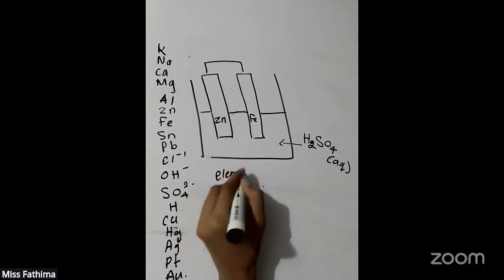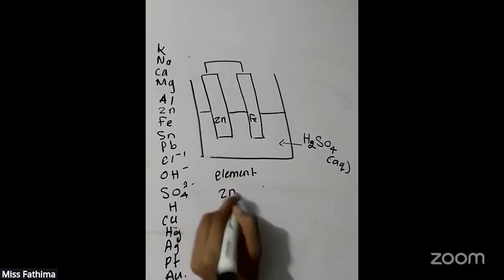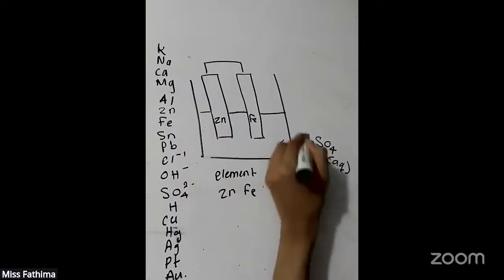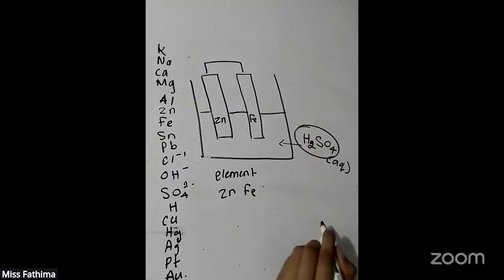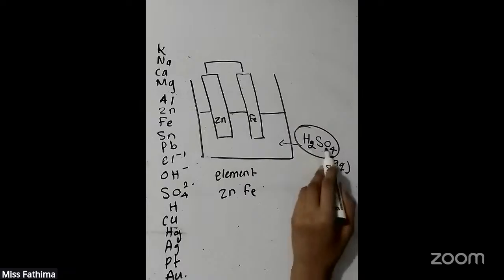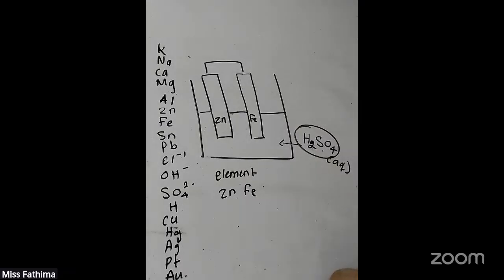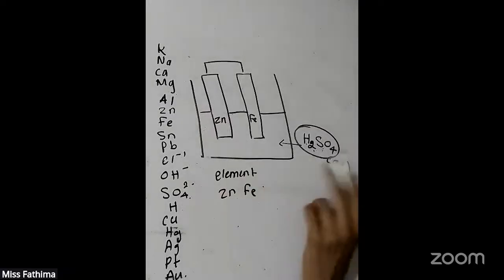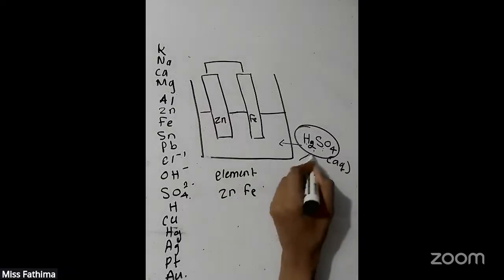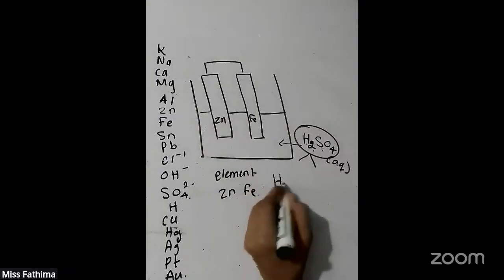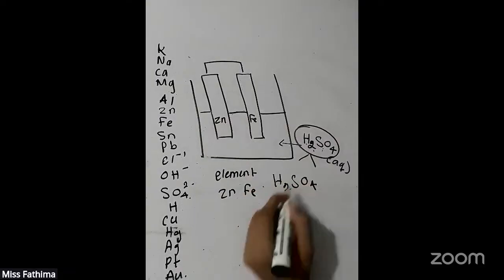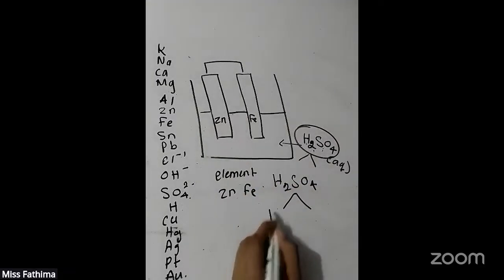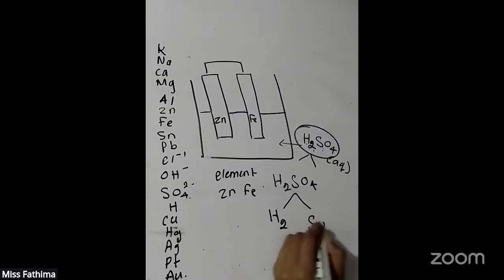Now, this is a compound. You have hydrogen and sulfate, H2 and SO4. When you break down H2SO4, the sulfuric acid, you will get H2 and SO4.